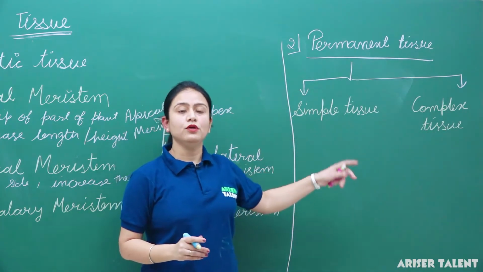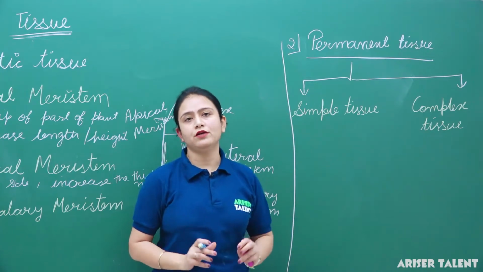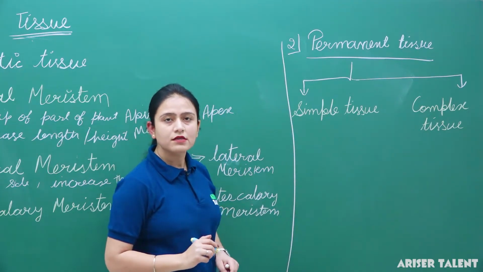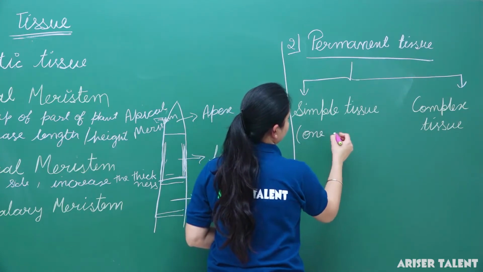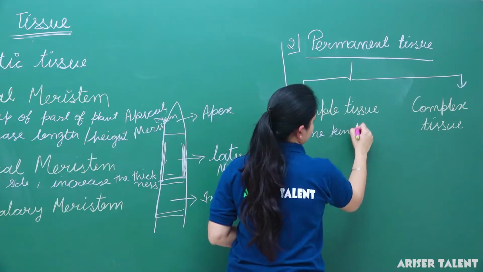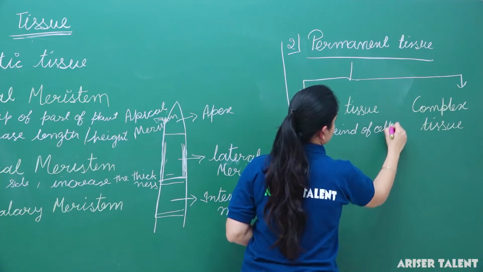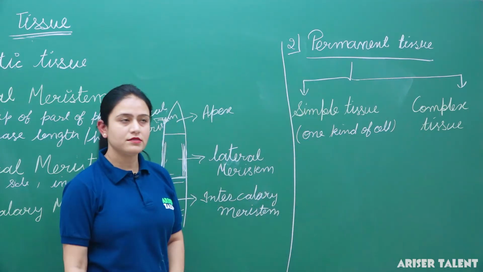In the simple tissue, they are made up of one kind of cell. That's why they are known as simple tissues.